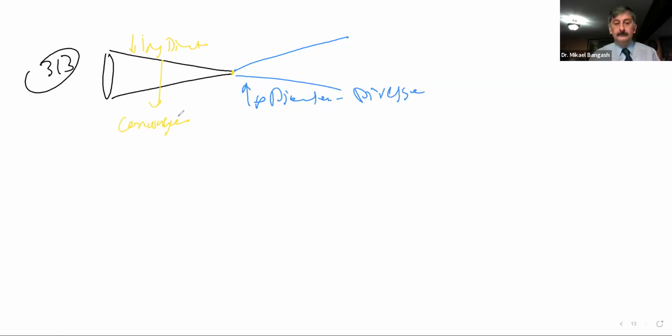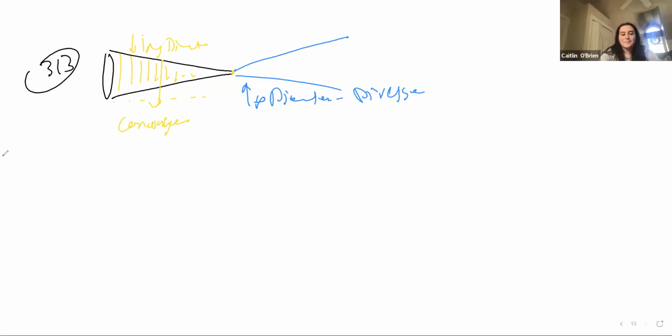Did that make sense? And it's true that the diameter gets smaller and smaller as we go deeper and deeper. Did that make any sense? Yep. Good.